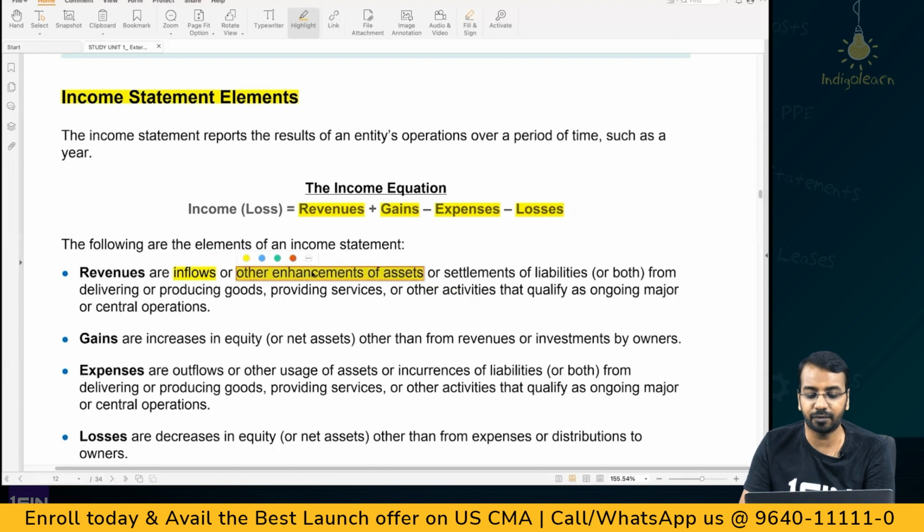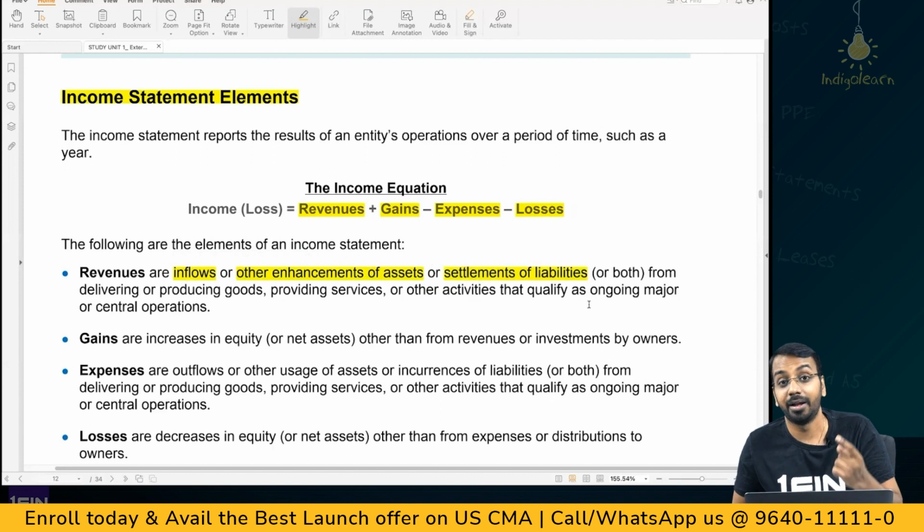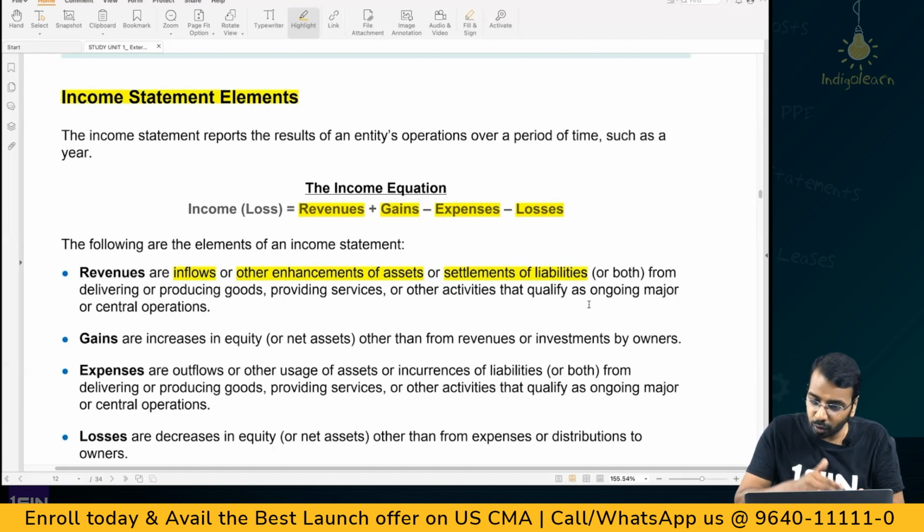Inflows, enhancement of asset, or settlement of liabilities. Sir, what is the settlement of liabilities? As I gave you an example, you paid us money in advance. When you paid money in advance, that is a liability for us. Now, when we provide you services, that liability is getting settled.